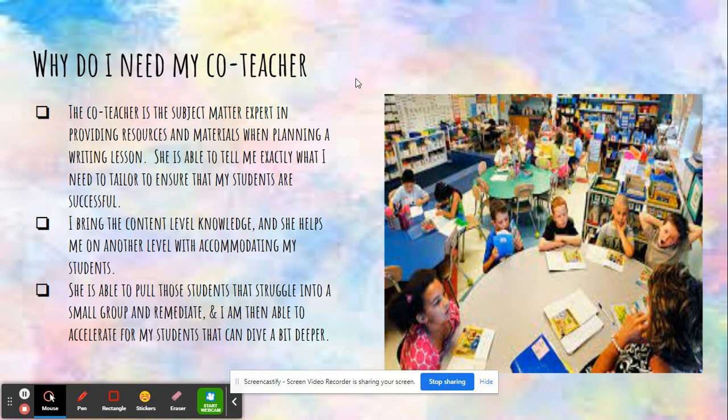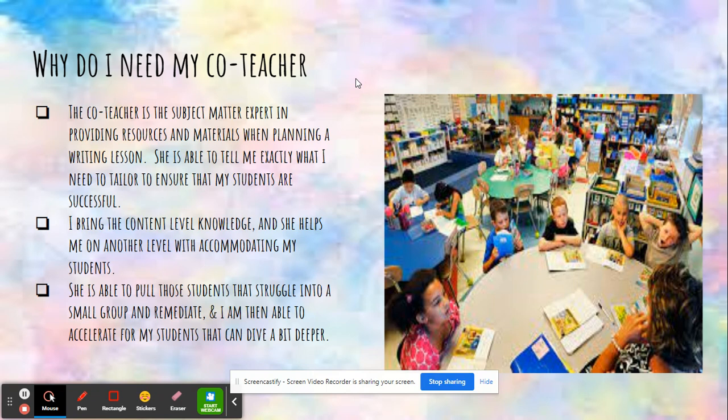So why do I personally need my co-teacher? Me as the teacher, I'm the subject matter expert, but my co-teacher is the expert when she's helping me plan the lesson to tailor it towards my students that need modifications or accommodations without me having to stop the lesson for my general ed class.